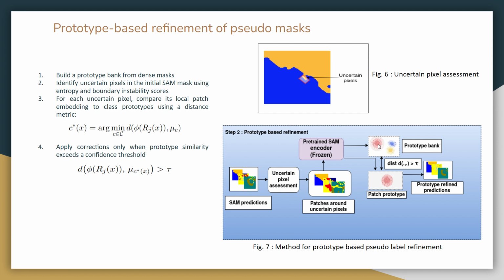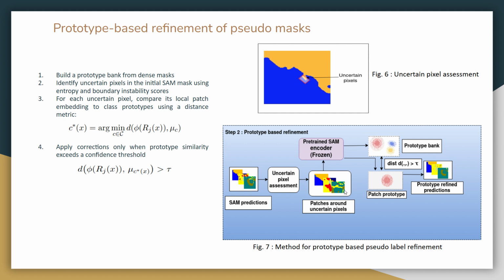Now, we have the SAM predictions. We will identify uncertain pixels from this SAM output using prediction entropy and boundary instability. Suppose in this part, it seems like the area has unstable boundary, so it might have some uncertain pixels. Around each of these uncertain pixels, we create some patches.